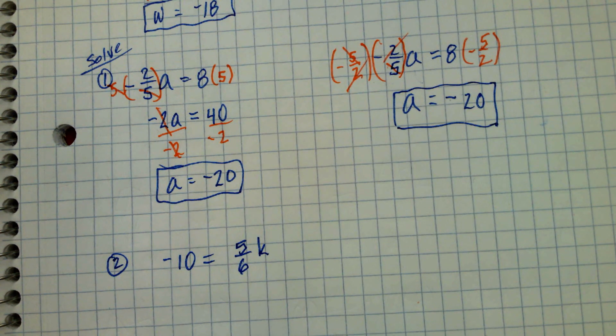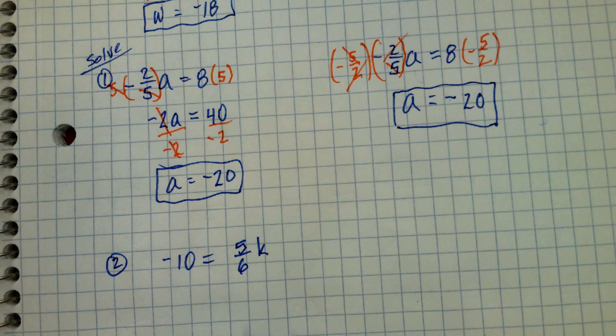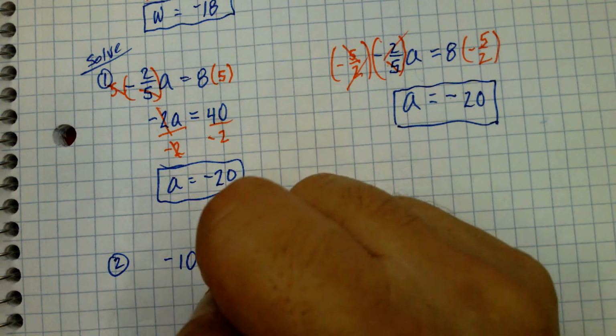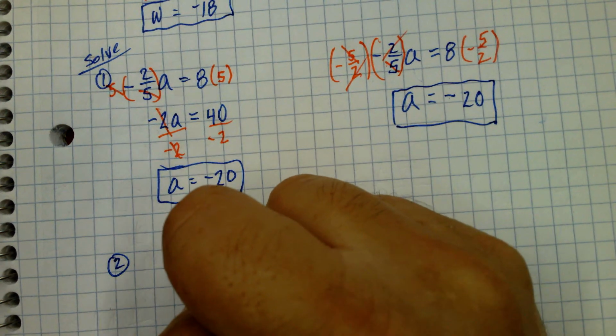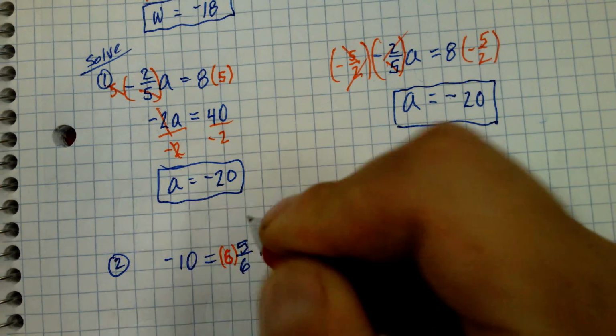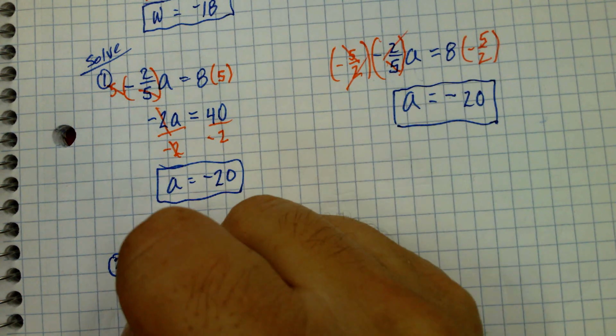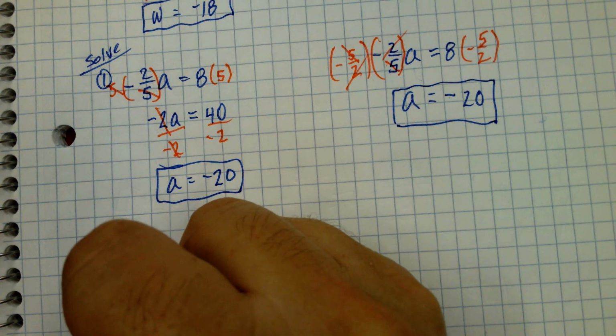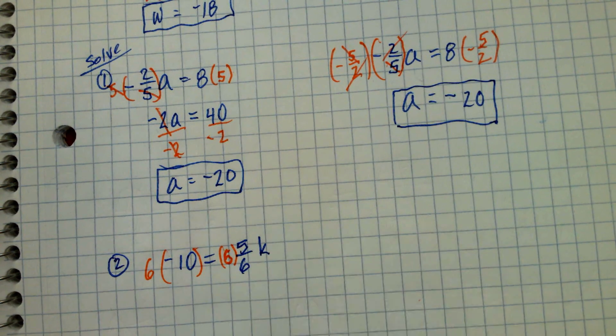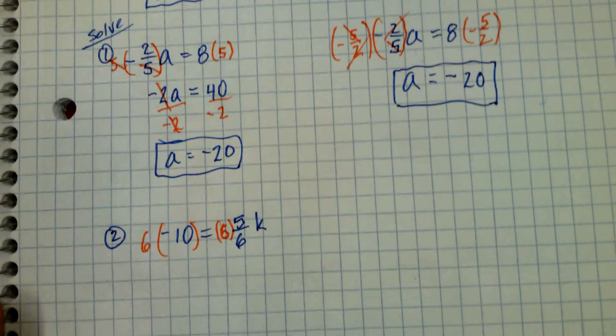Okay, method one. Method one, we multiply by the denominator, which is 6. And we're going to multiply by 6 over here. Let's see what happens.